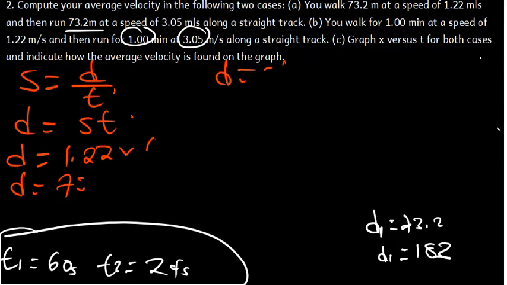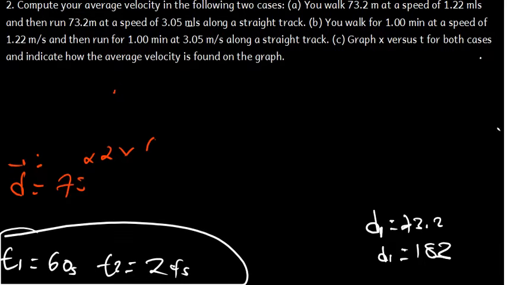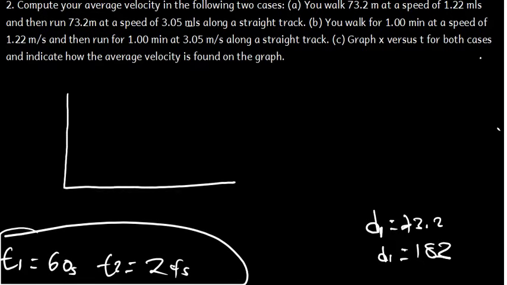Now let's graph. So let's start with the first case. Now the first case, we can see that this is what we're going to have. So we have got the x here, which is the displacement. In this case, this is going to be in meters, then this is going to be t, which is seconds.